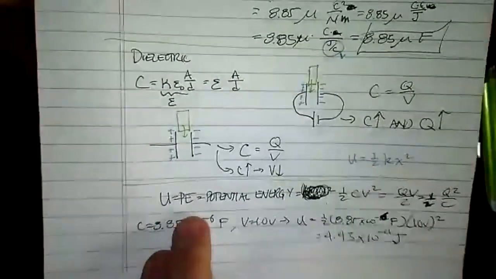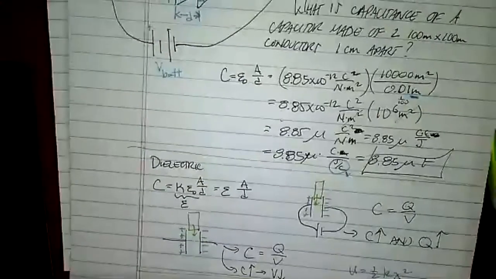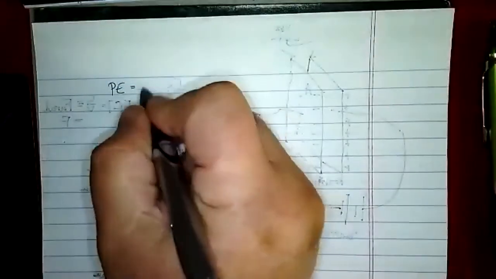Now, with that result, we can actually find something kind of neat. We can calculate the energy that's stored up in an electric field in general, specifically the energy per unit volume in the space between the plates of the capacitor. So the potential energy between the plates of the capacitor is 1/2 CV squared.